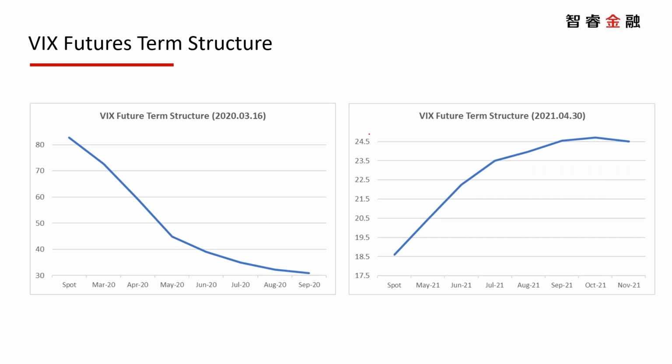For instance, in this chart, the difference for the first VIX future is more than 40 volatility points. And for the seventh, the difference is less than 10.